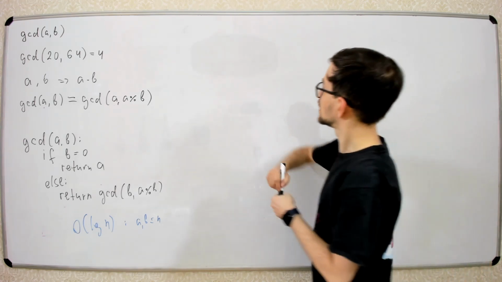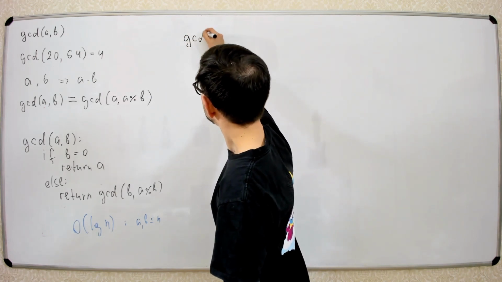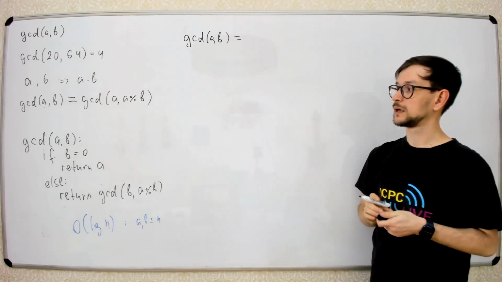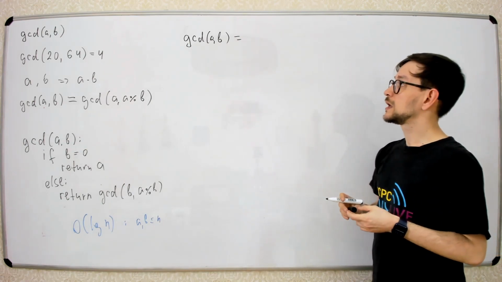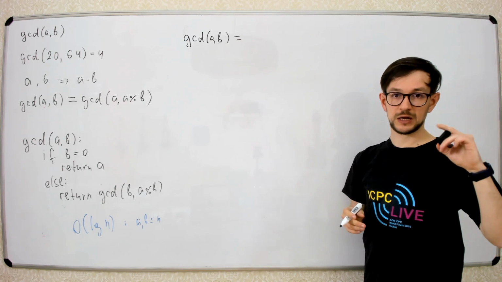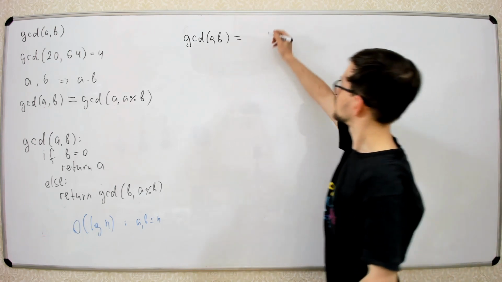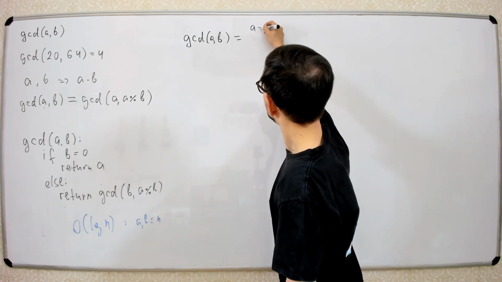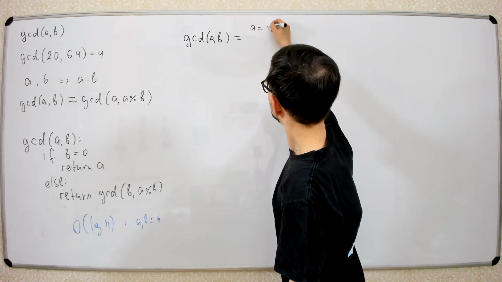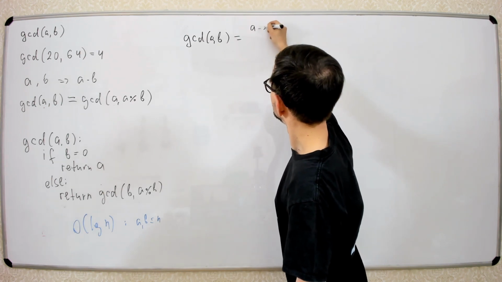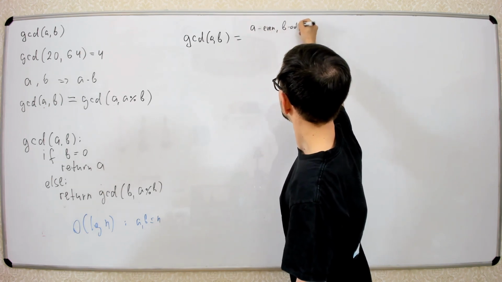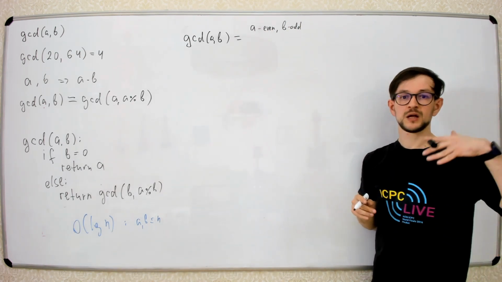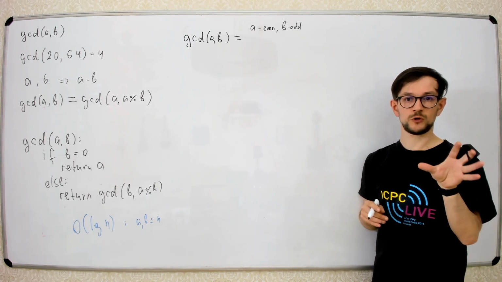It works like this. Let's see what the GCD of A and B is. If one of these numbers is even and the other one is odd, for example, let's say A is even and B is odd, then the greatest common divisor of these two numbers will not contain any 2's.